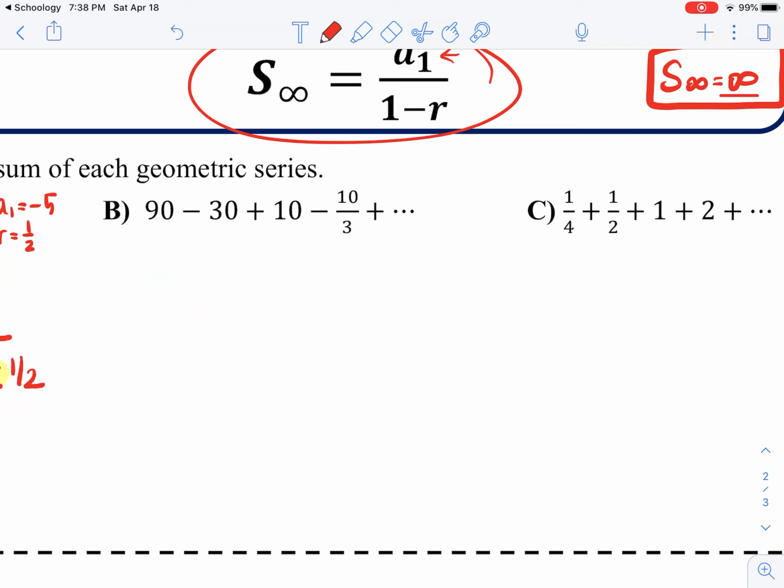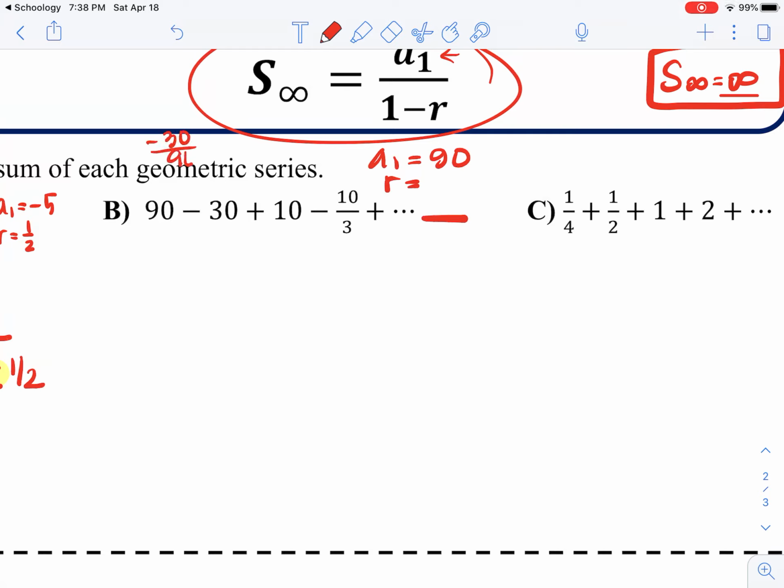Here, I want to find the sum of this infinite series. It's infinite, it goes on forever and ever. First, I need to know the first term, which is 90, and I need to know the ratio. This would be a third of that, a negative 1/3. Or I can look at it as negative 30 over 90, which simplifies to negative 1/3.